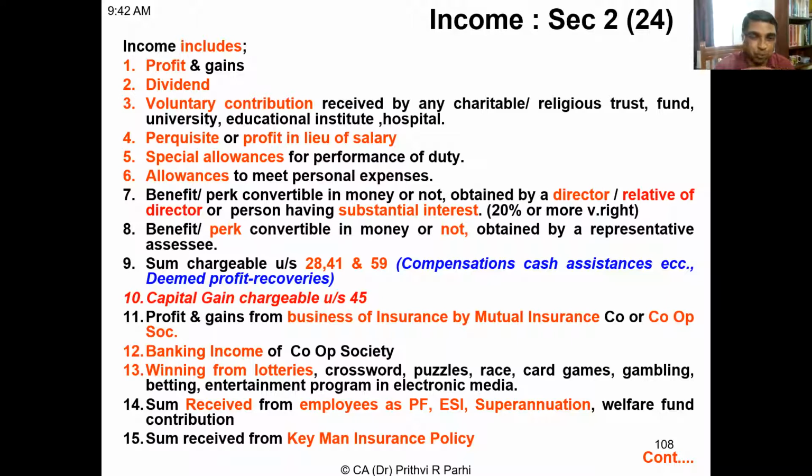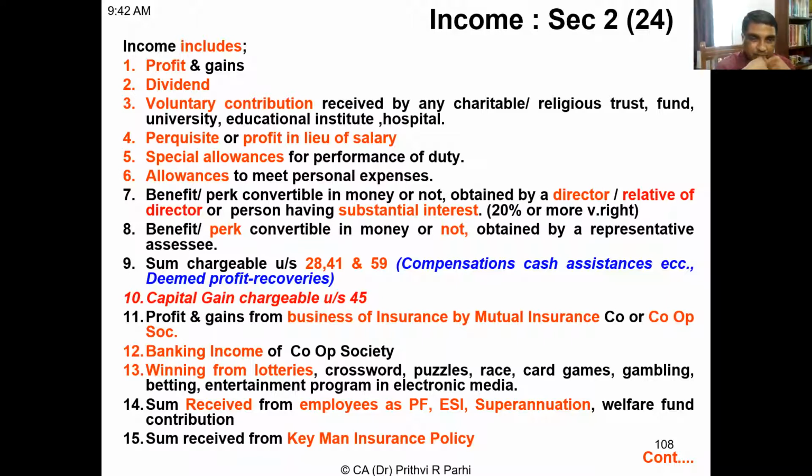It is a mutual association, no outsider is involved. But if that mutual association or cooperative society or company is doing mutual business of insurance, then that will be treated as its income.